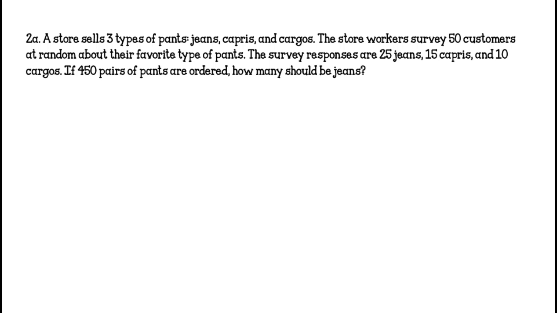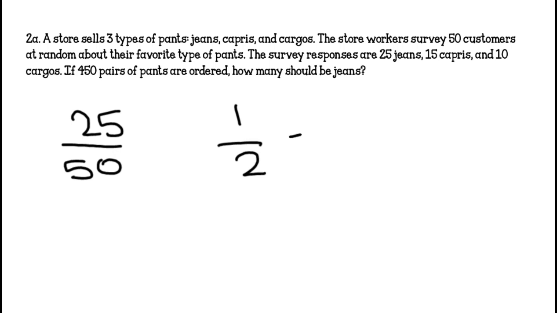Then we figure out how many people they surveyed total: 25 plus 15 is 40, plus 10 is 50. And of the 50, how many chose jeans? That's 25, so you could say 1/2. I'm going to reduce it just for the ease of setting up my proportion.